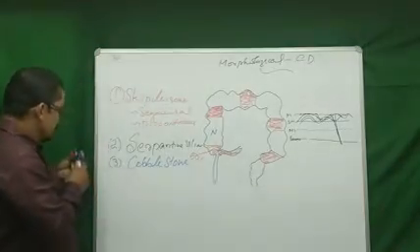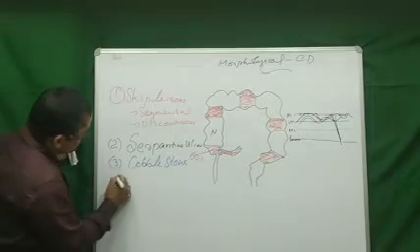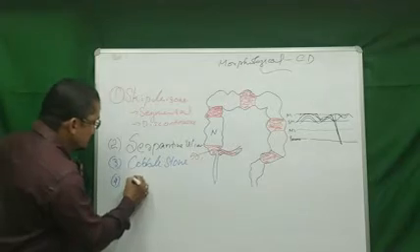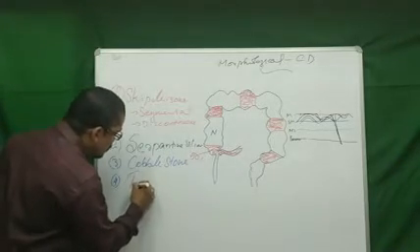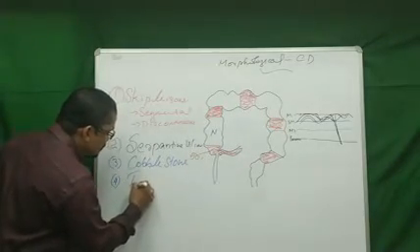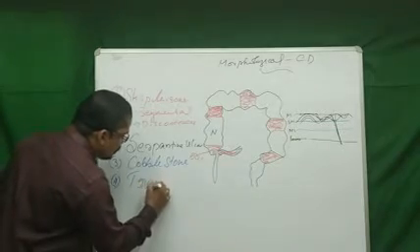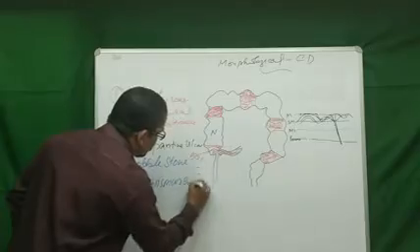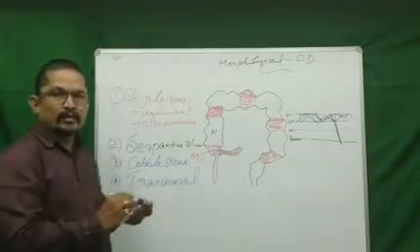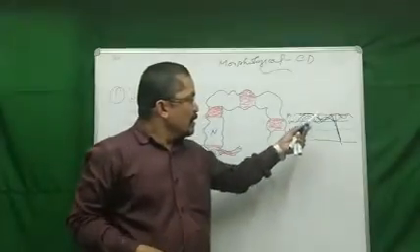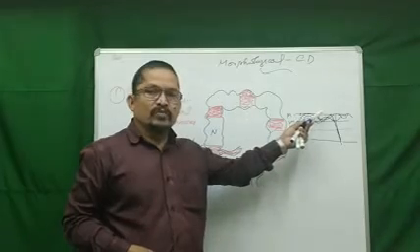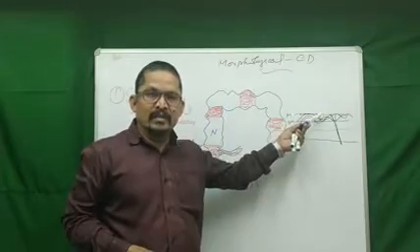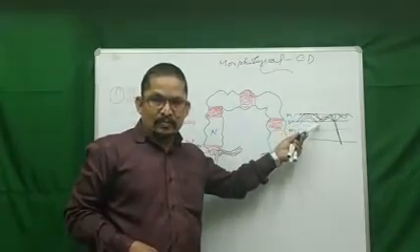And next, about number 4. Crohn's disease has a characteristic typical transmural involvement. That means, in case of ulcerative colitis, the inflammation is limited to the mucosa and submucosa.